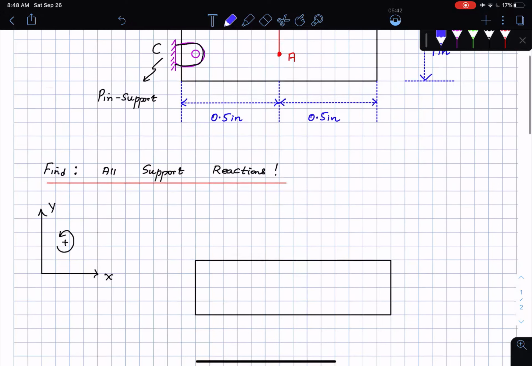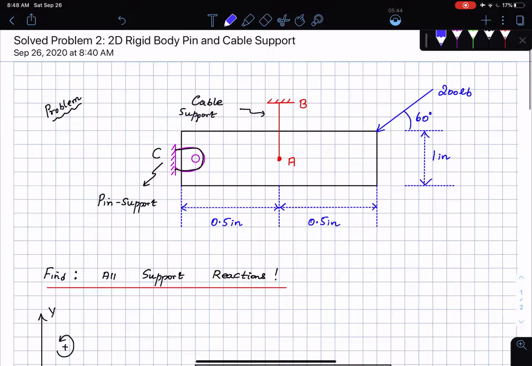This 200-pound force, I can break it into its components, right? So I can break it into a component that is acting horizontally, and then a component that is acting vertically. This is going to be 200 cosine 60, and this is going to be 200 sine 60.